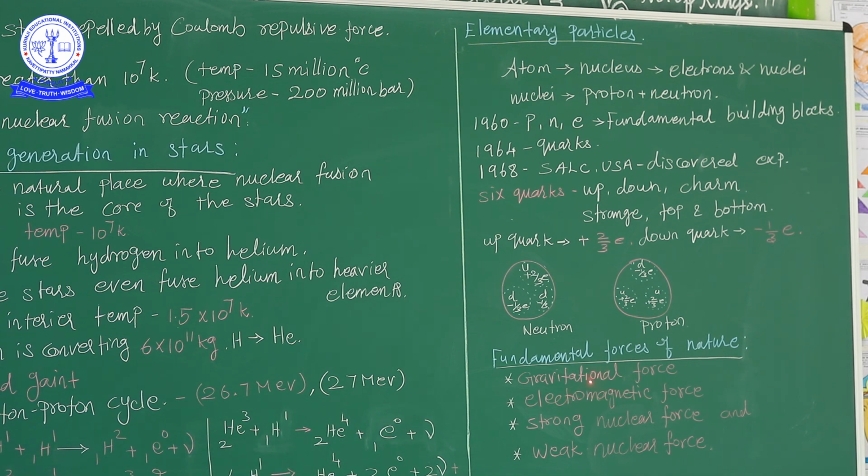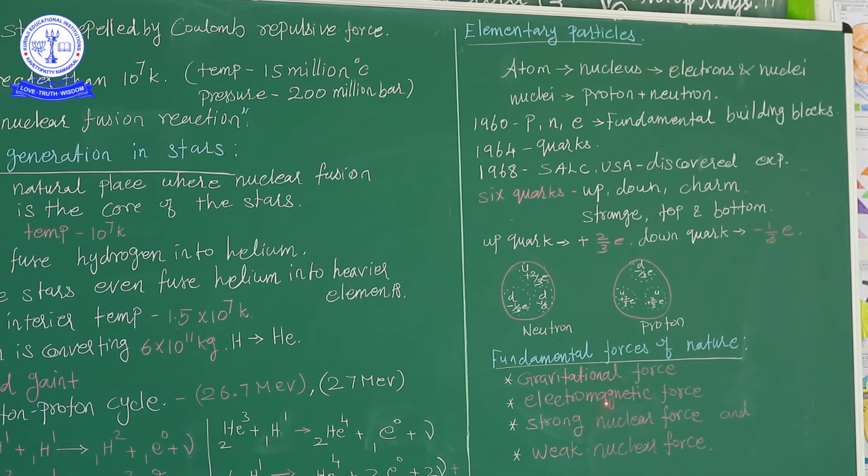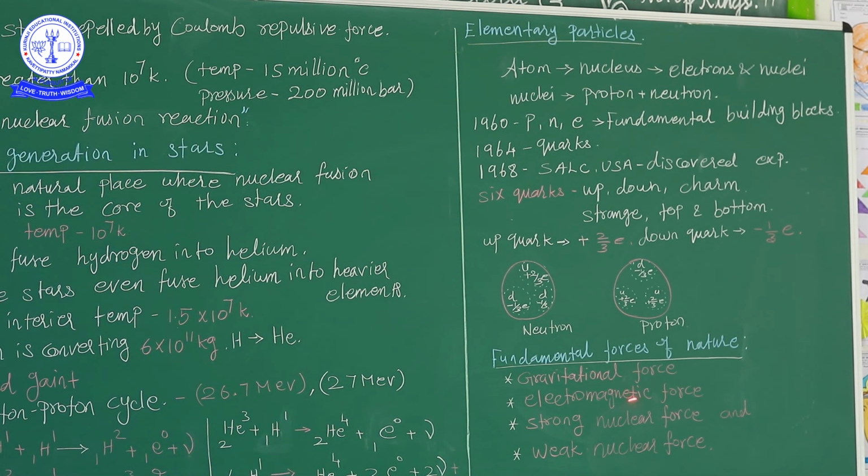Then the atoms in such particles, that means electromagnetic force. Between the atoms of the surface of the earth and the atoms in your foot, the force is the electromagnetic force.